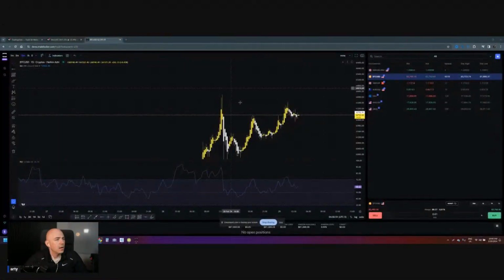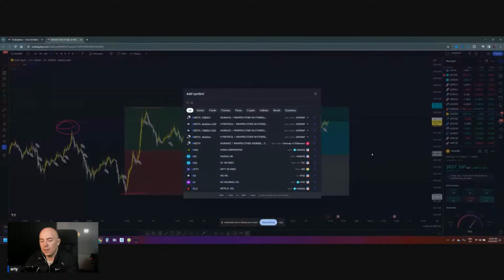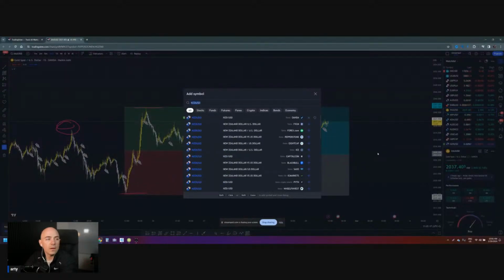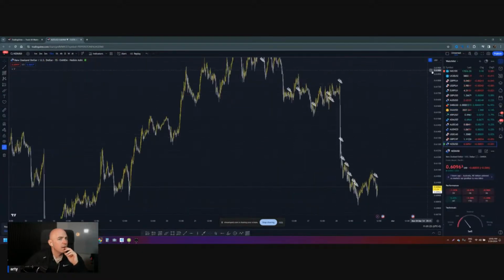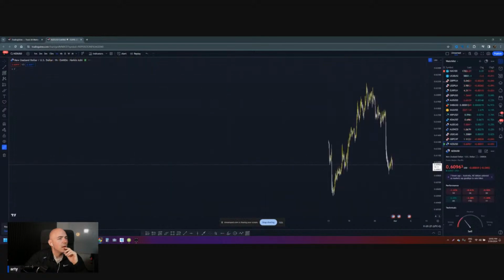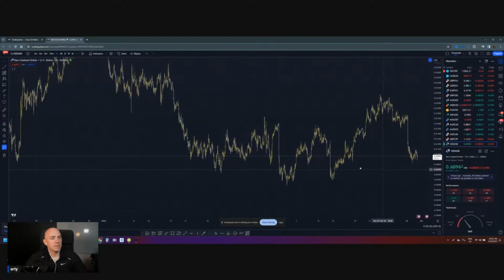NZD USD. All right, start with standard candles.